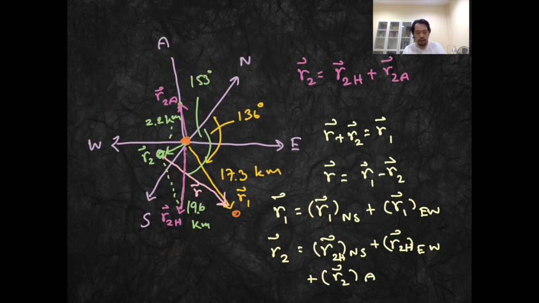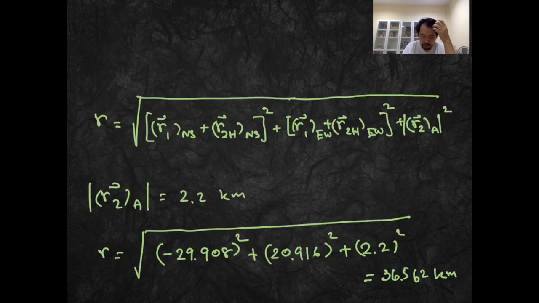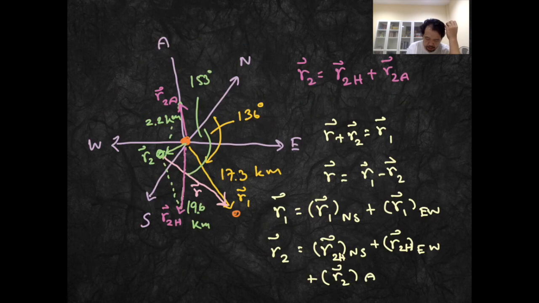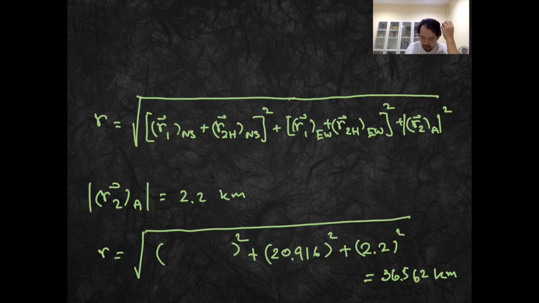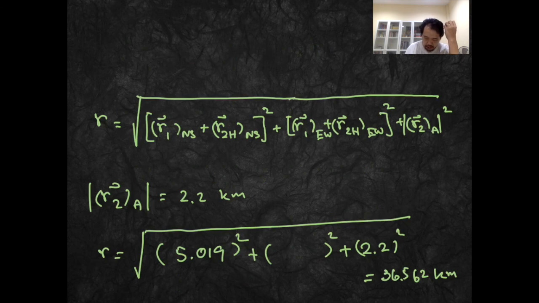Okay, and this is reasonable because if we look at the vector from the plane to the sunk ship, it points along the east axis, so it should have a positive value. So we change the value here to 5.019, and it is equal to 3.328.